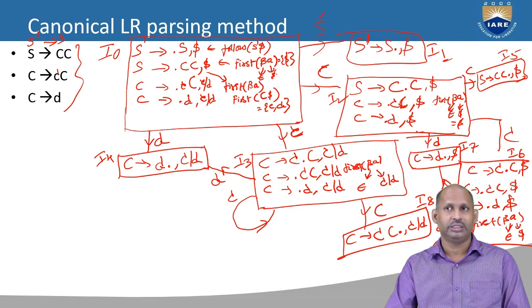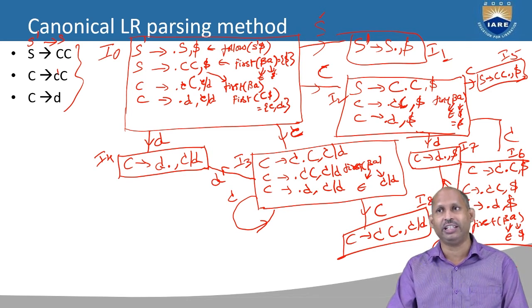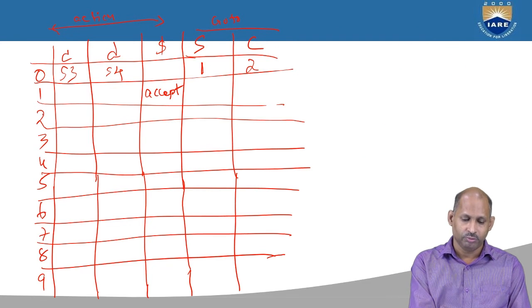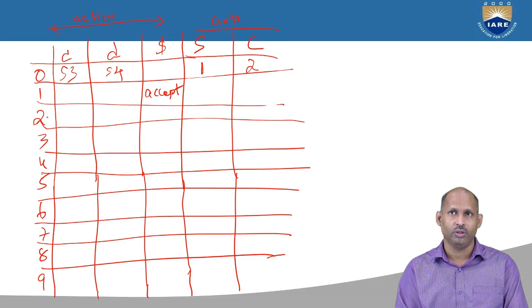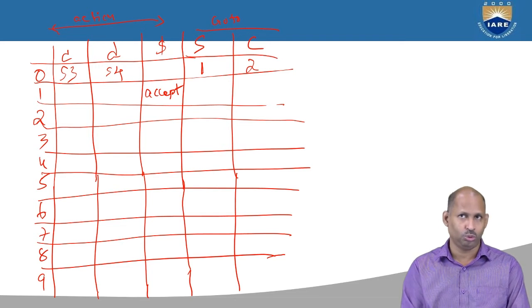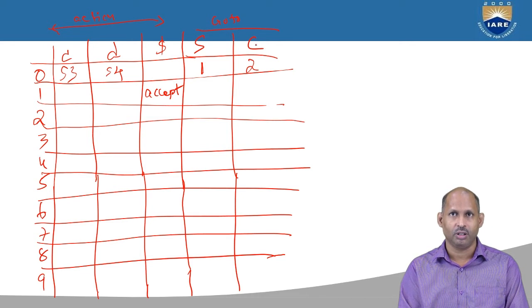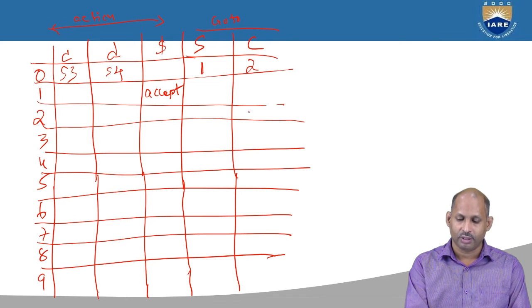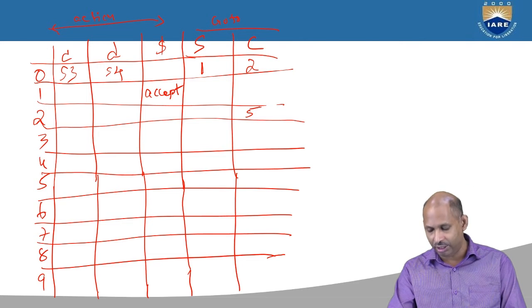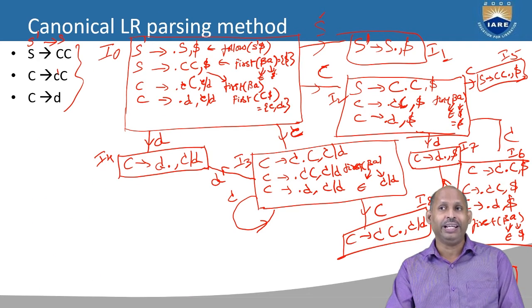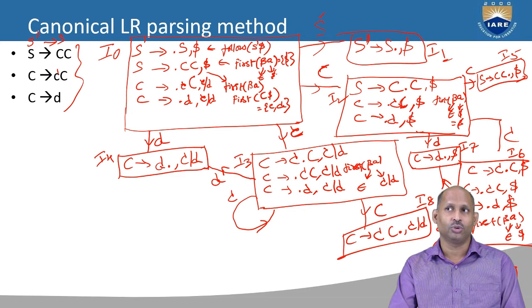Then what is the second state? I2 is the second state. It has 3 go-to operations: I5, I6, I7. The first go-to operation, on variable C going to I5. So state 2 on variable C going to state 5.